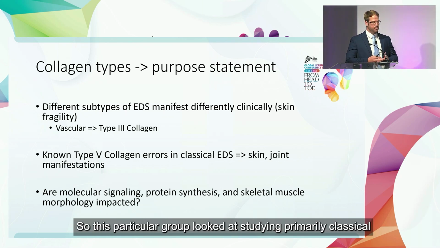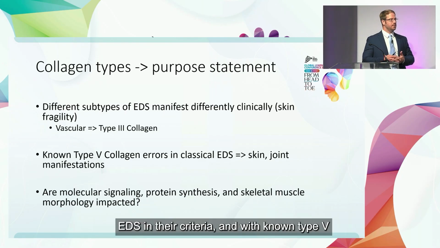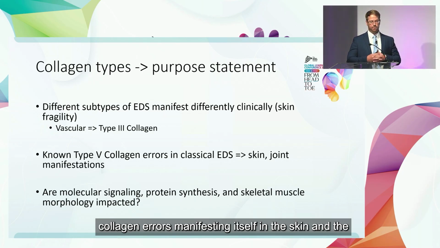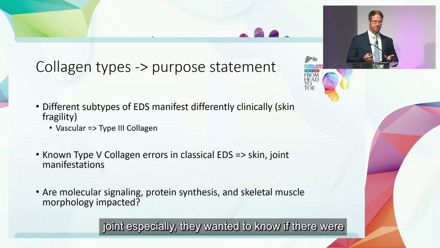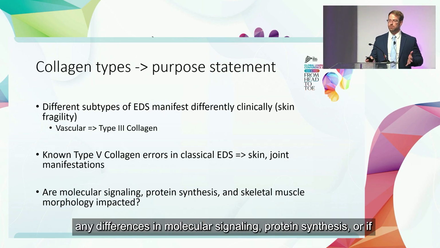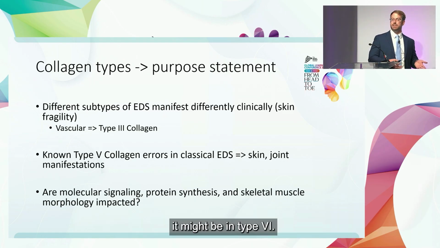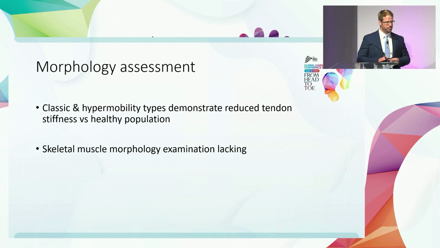So this particular group looked at primarily classical EDS in their criteria, with known type 5 collagen errors manifesting itself in the skin and the joint especially. They wanted to know if there were any differences in molecular signaling, protein synthesis, or if the actual morphology of the muscle was affected as it might be in type 6.